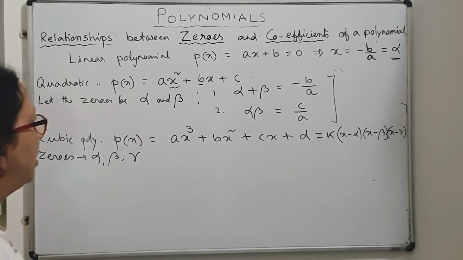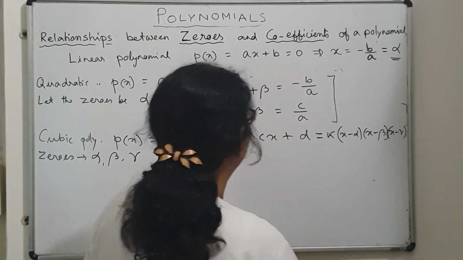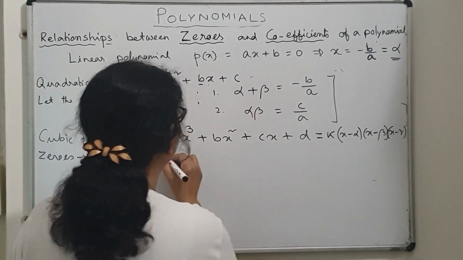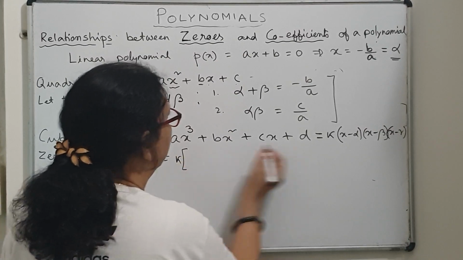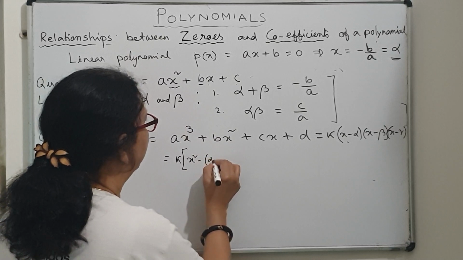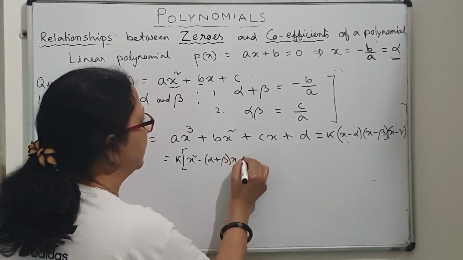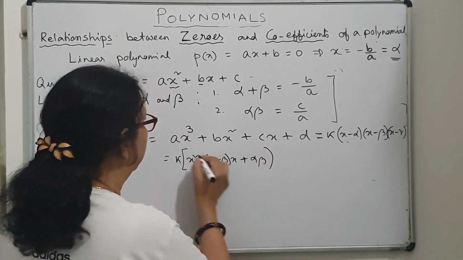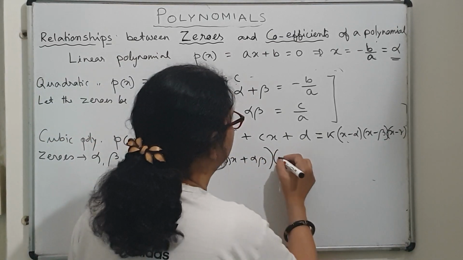Let me show you. If I open this, this will be equal to k into, let me first find the product of these two, x square minus (alpha plus beta) into x plus alpha beta, this into the third factor x minus gamma.